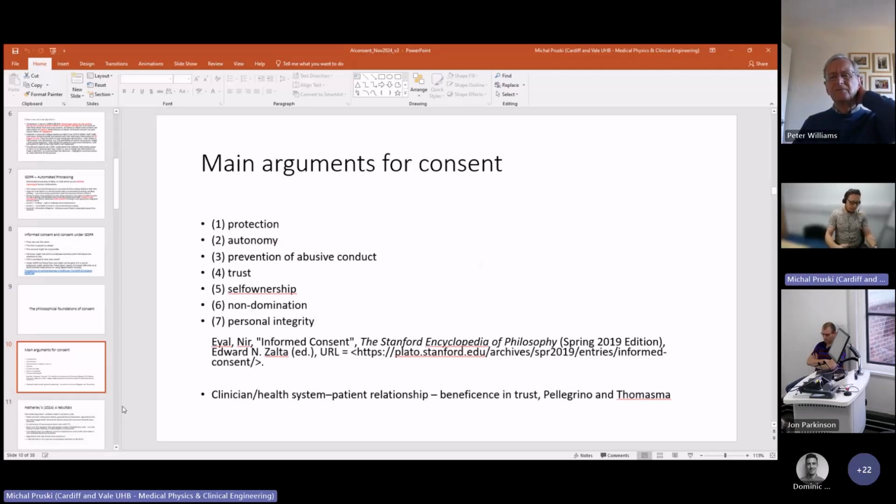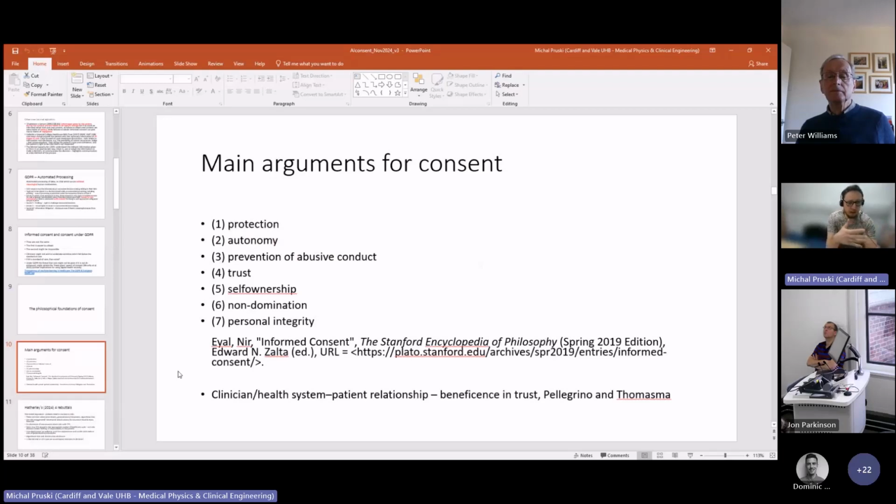But broadly speaking, there's this issue of protection of people from abuse, the right of people to autonomy, to self-expression, and there's also an element of creating trust between parties. And actually, Pellegrino and Thomasma, who don't specifically work on AI, but worked a lot in bioethics, talk about this concept of beneficence and trust.